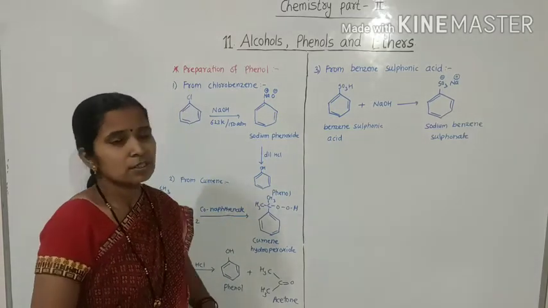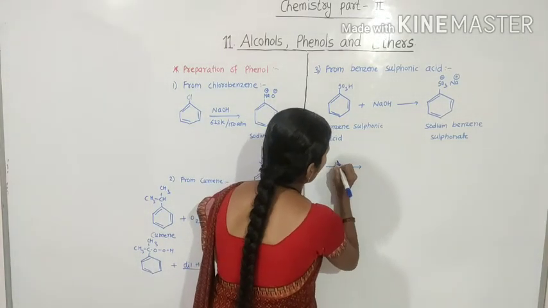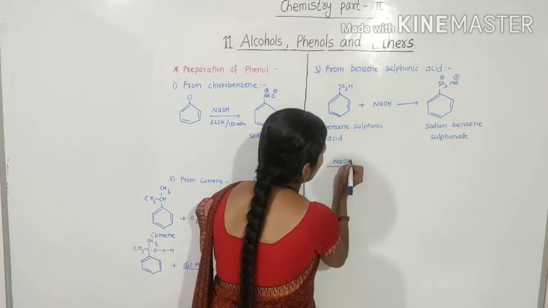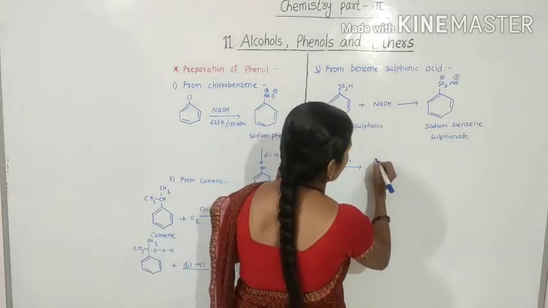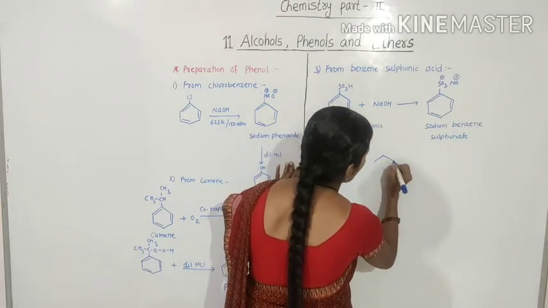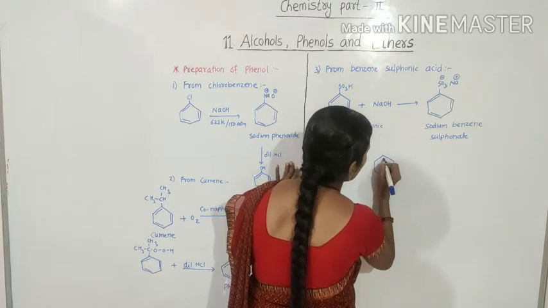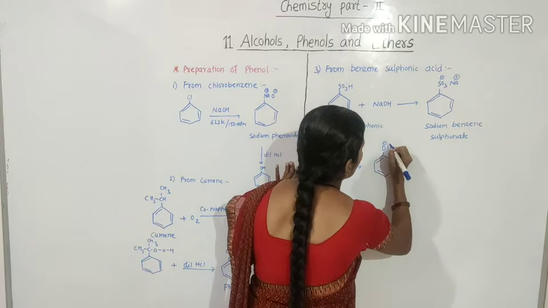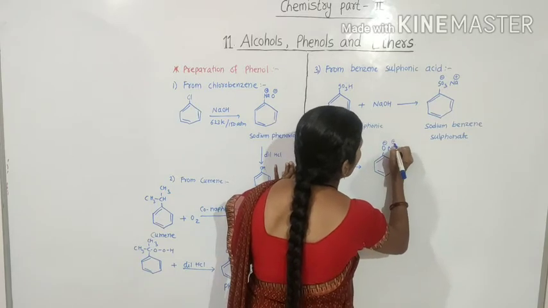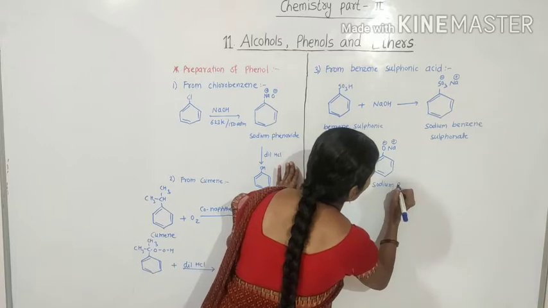This sodium benzene sulfonate undergoes fusion with NaOH to form sodium phenoxide, O minus Na plus. This is sodium phenoxide.